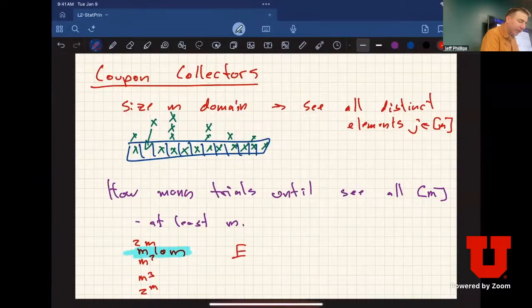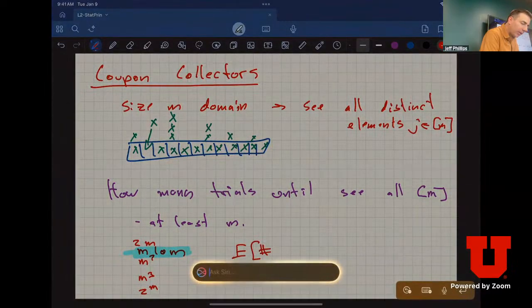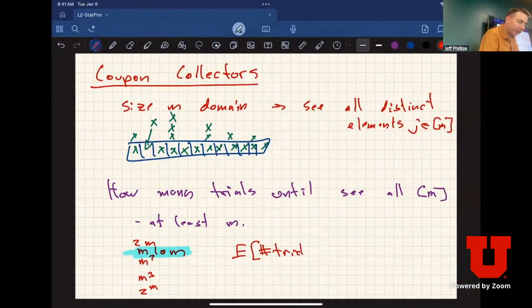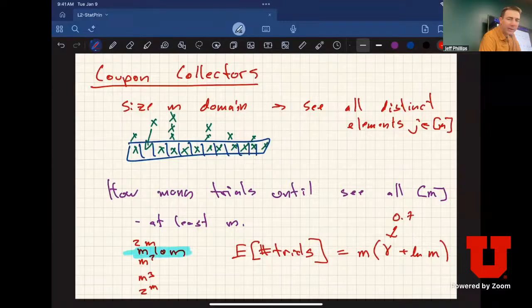The expected number of trials is M plus some constant, some weird number I will write down, times the natural log of M, where this constant is 0.577.